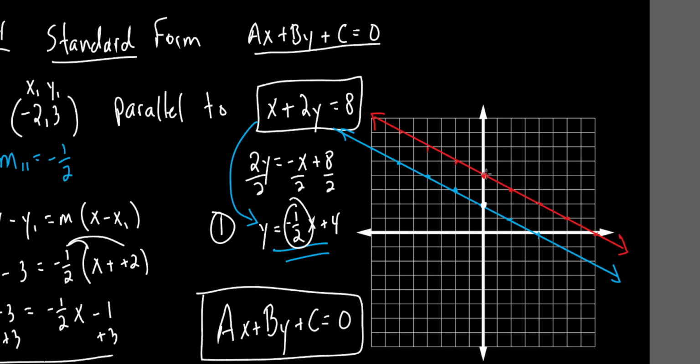Then watch this. Instead of this slope right here, that's negative 1/2, correct? If it's perpendicular, it's going to look like this.